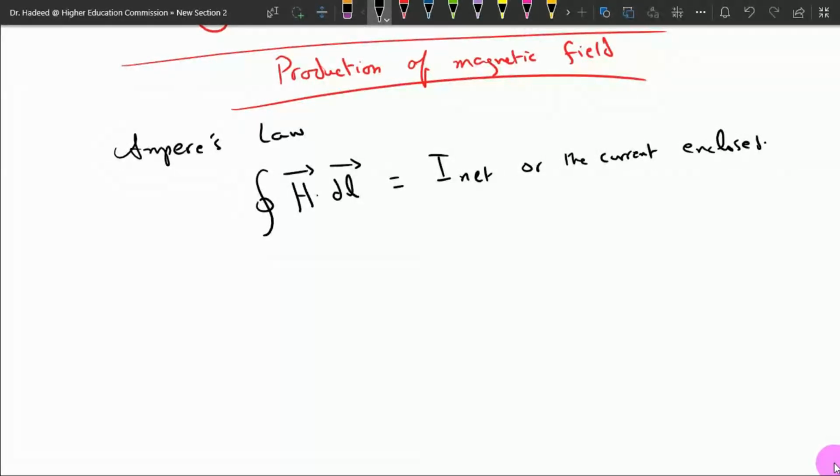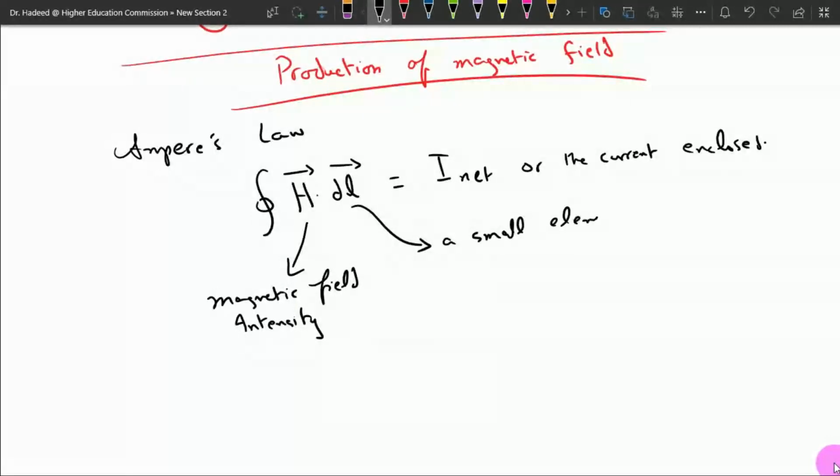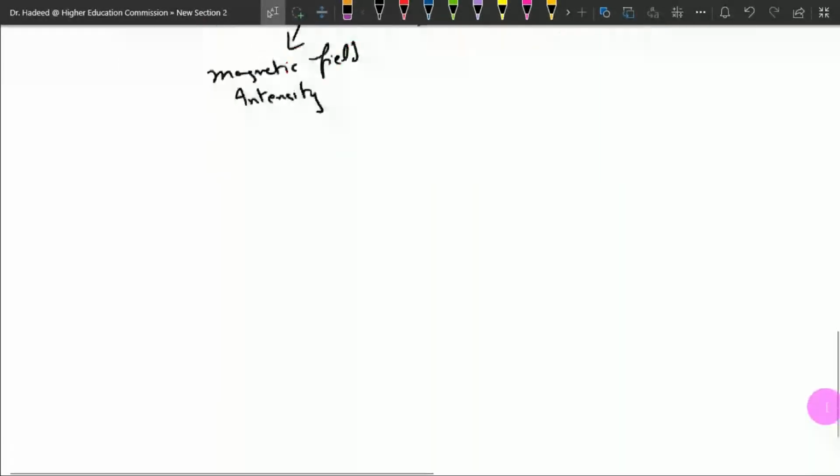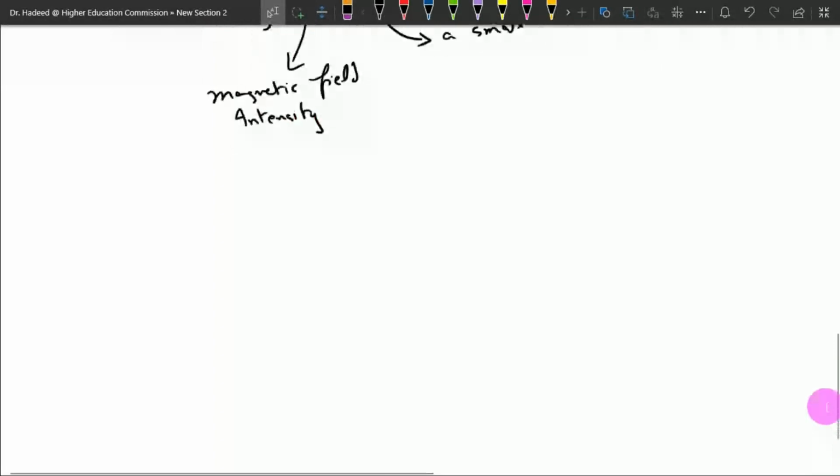Where H represents the magnetic field intensity, and dl is actually a small element of length L. Now, to understand how Ampere's law actually works, let us draw.